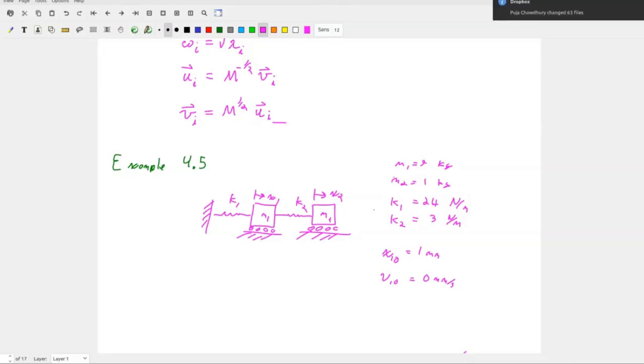X20 is equal to 0 millimeters, and V20 is equal to 0 millimeters per second.